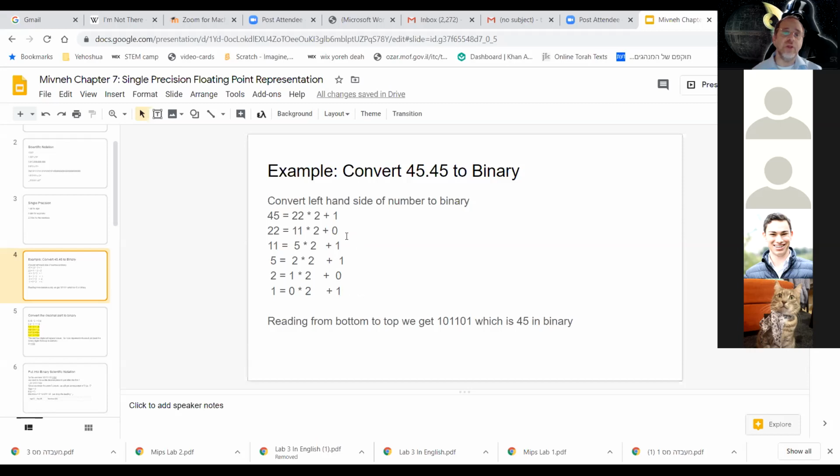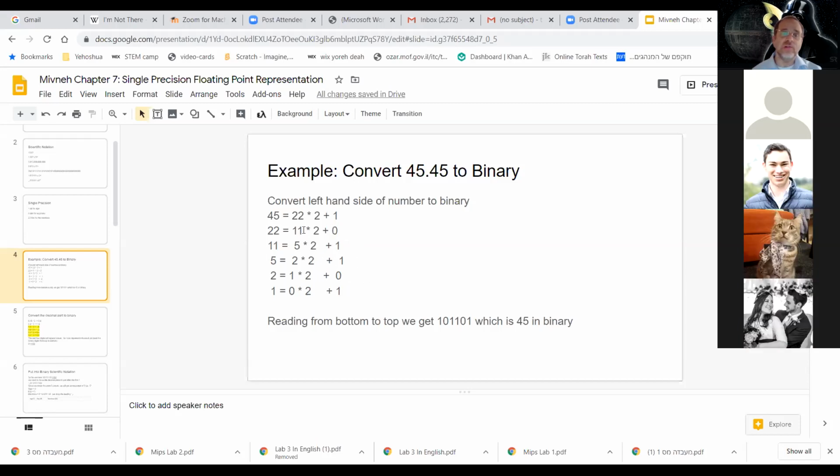This example actually is a palindrome, so it doesn't matter which way we read it. But if we had a different answer, let's do another one. It makes sense for the first one, that the top one becomes the last one, because that's the remainder. That's the remainder of the whole number.